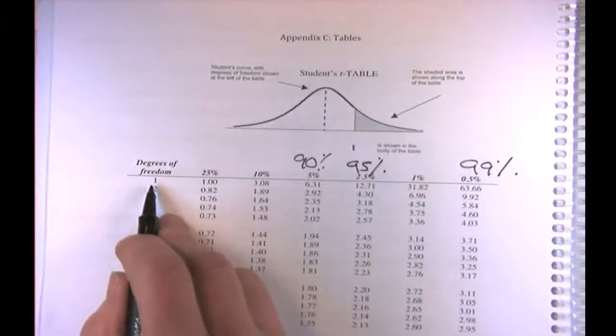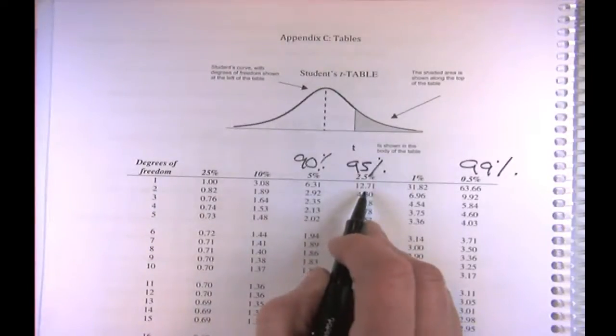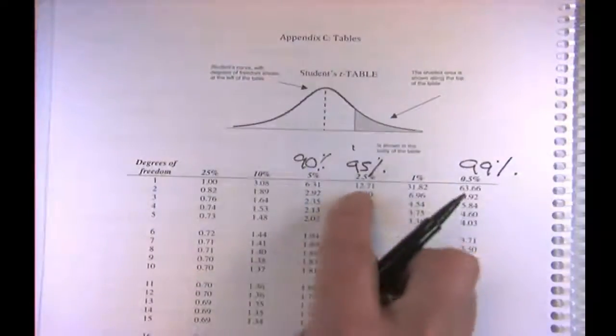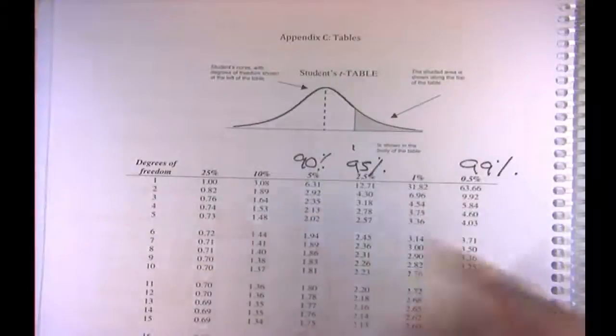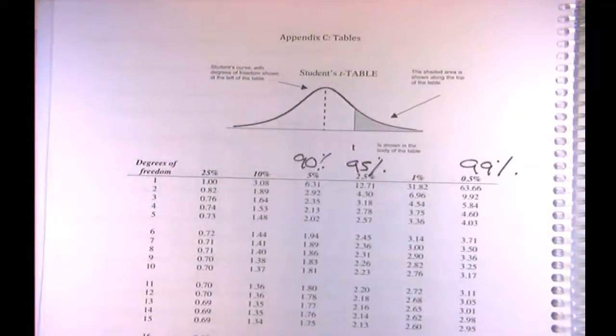Okay? So now with 1 degree of freedom, look at this giant critical value. Think what it would mean. That would make a big difference. That's a huge margin of error. Plus, your standard error itself would be bigger.